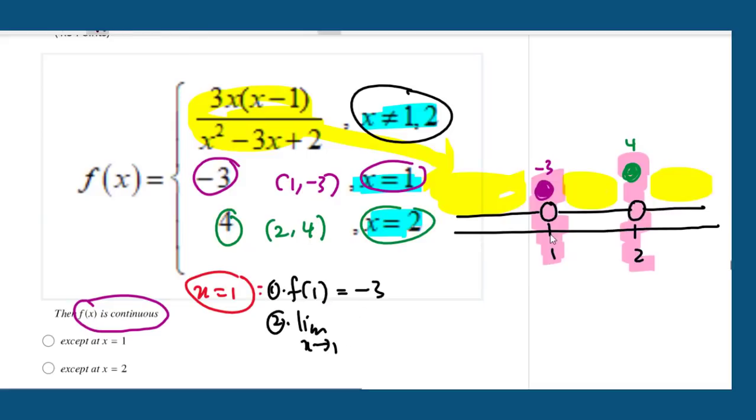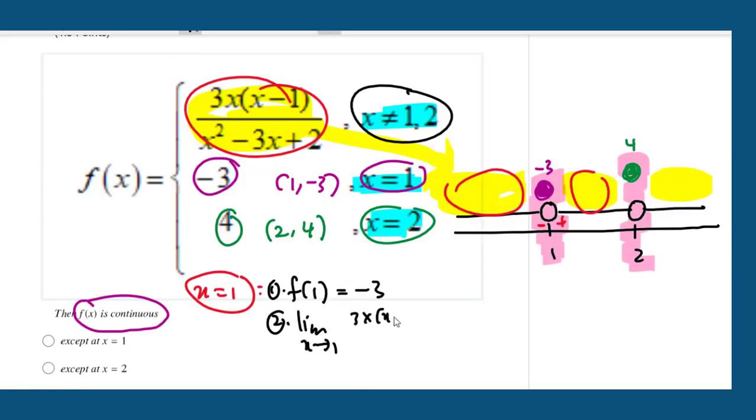For the limit, just find when x approaches 1 without finding left and right. So 3x(x minus 1) over x squared minus 3x plus 2. Substitute, get 0 over 0.